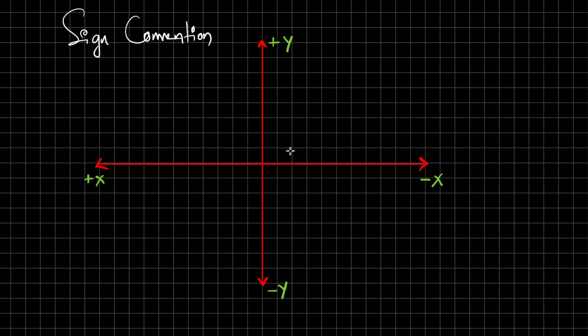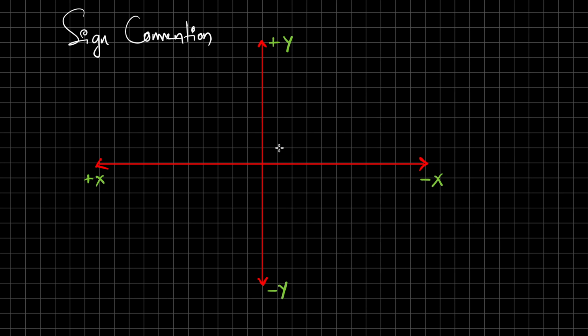Sign convention. Before using the mirror equation to solve problems, we should follow a set of rules to make sure that our calculations are consistent. This is slightly different than the one we are used to. The right is positive, left is negative. This is just the opposite. Right is negative, left is positive.